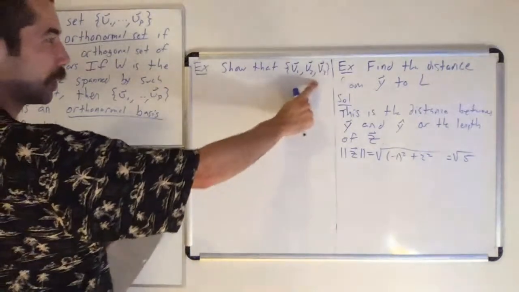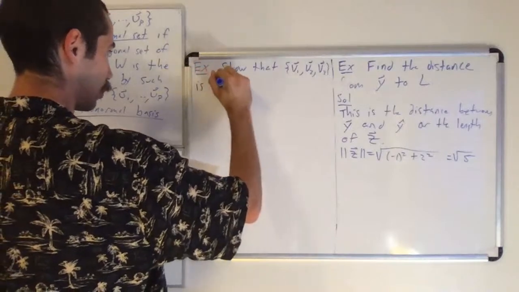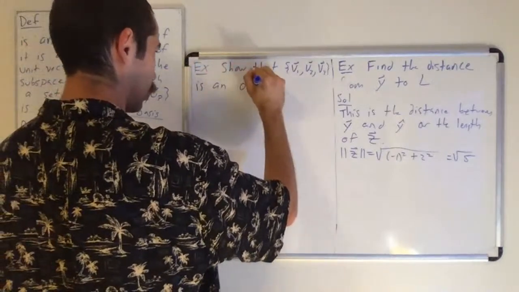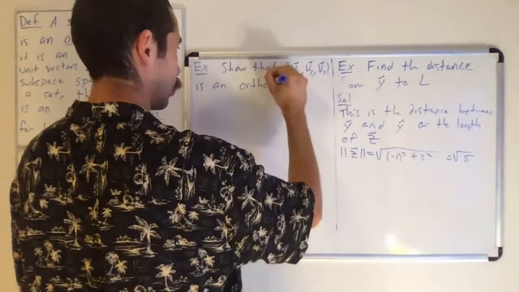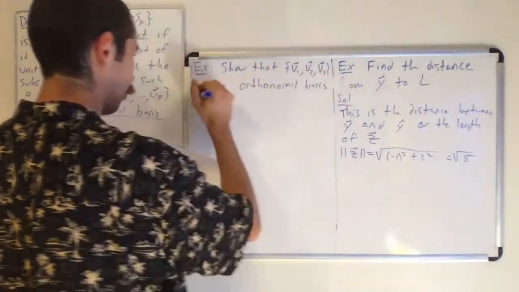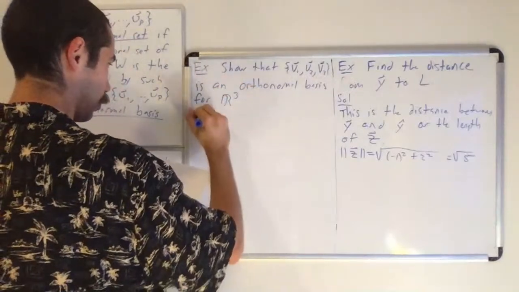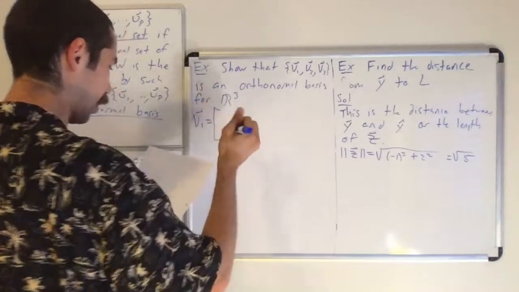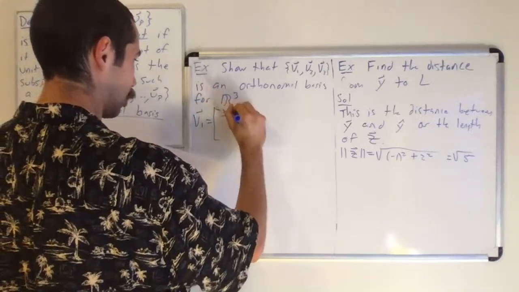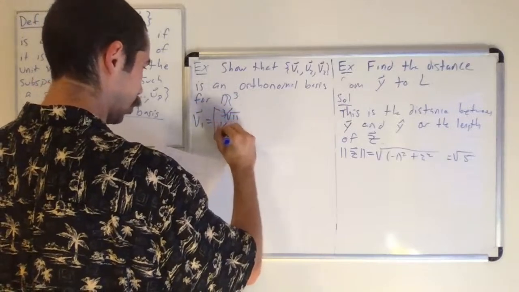So show that V1, V2, V3 is an orthonormal basis for R3. V1 is the vector 3 over square root of 11, 1 over square root of 11, 1 over square root of 11.